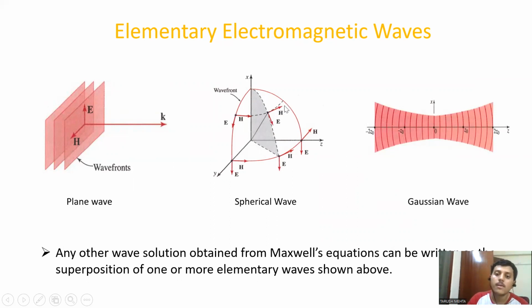Whereas a spherical wave is described by A e power minus jkr by r, and a plane wave is just described by A e power minus jkr. So any other wave solution obtained from the Maxwell equations can be written as the superposition of one or more elementary waves shown above.